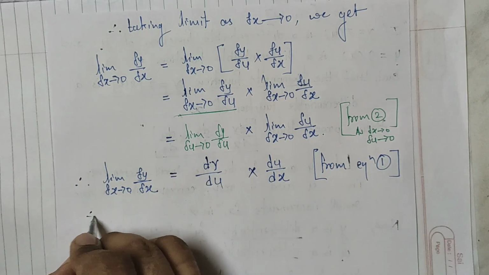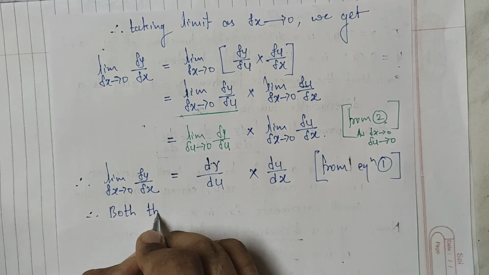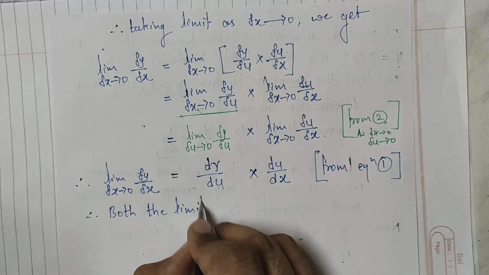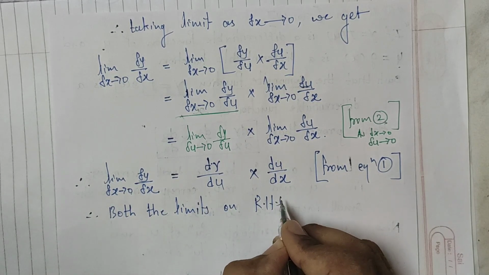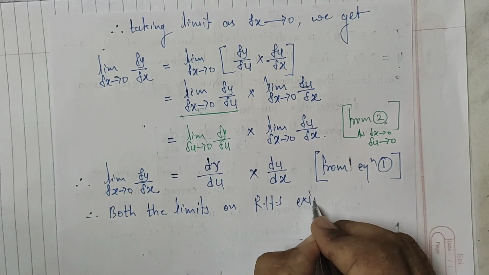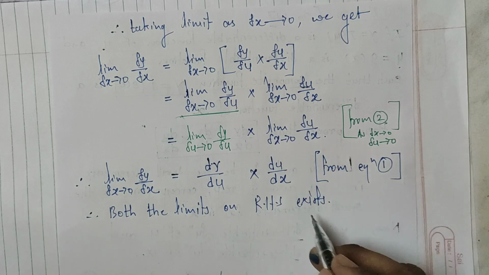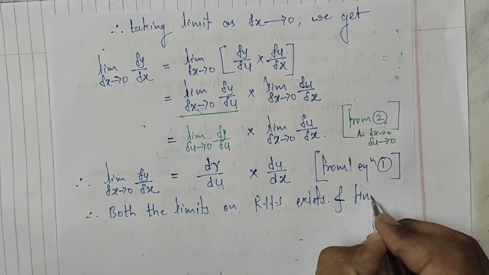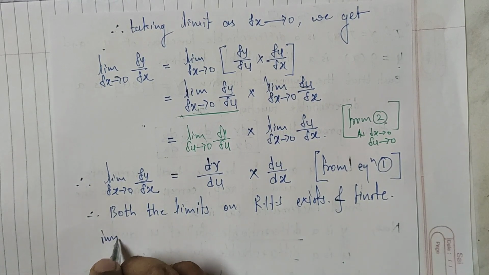Therefore I am writing that both the limits on RHS exist. Exist means we can find the derivative. Therefore I am writing here exist and finite.